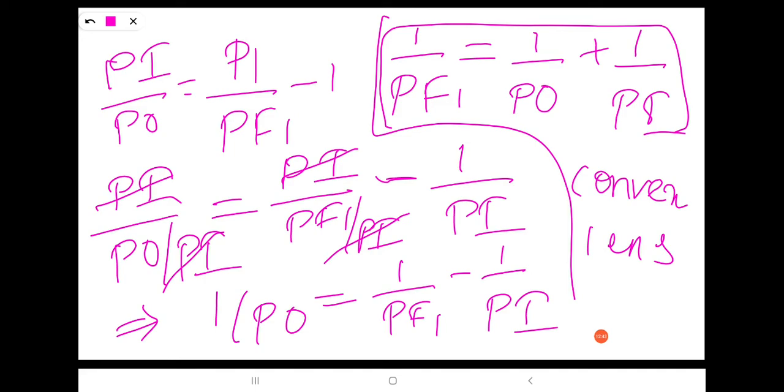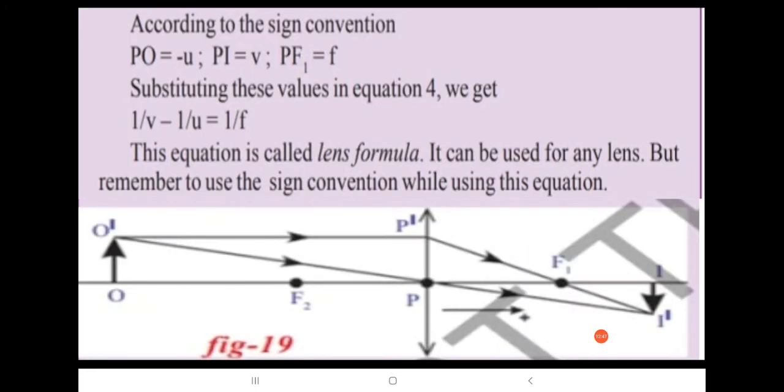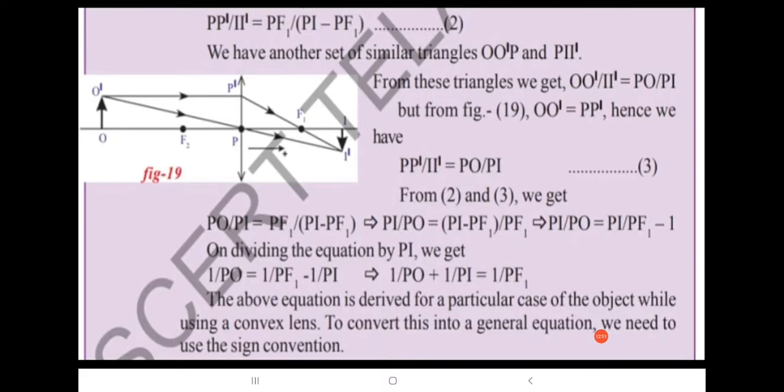So to convert this into a general equation, we need to use a sign convention. So here we got this equation 1 by PO plus 1 by PI equals 1 by PF1. So this is used for convex lens.